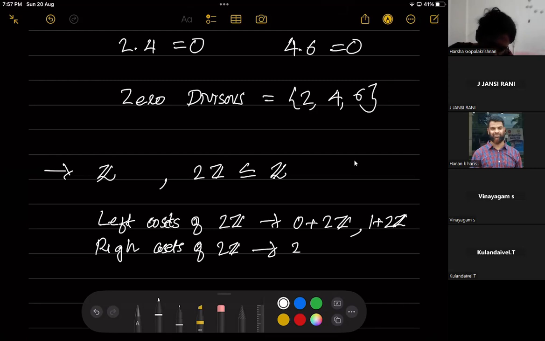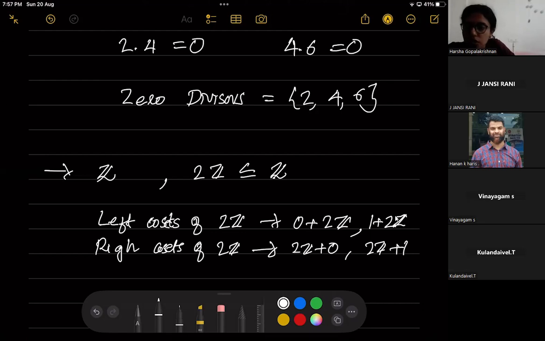Again, 2Z plus 0 will be one right coset. Right coset means we are adding the element on the right side. And 2Z plus 1: adding 1 to each even integer will cover all odd integers. Here I am just representing the coset like this; instead you can write 3 plus 2Z also.